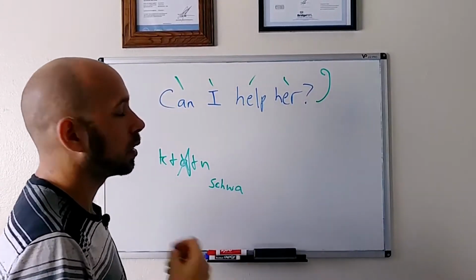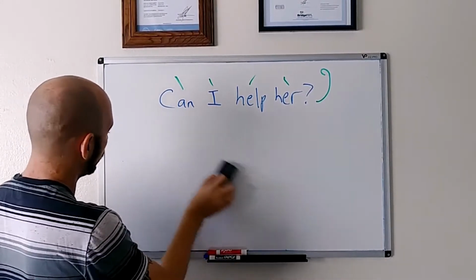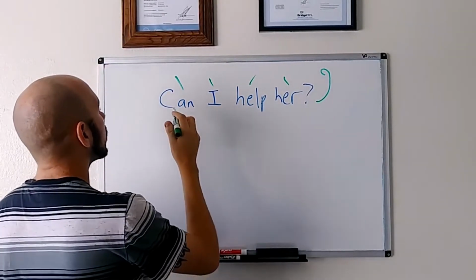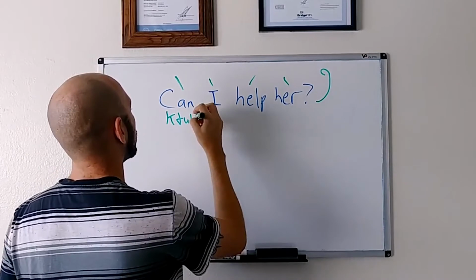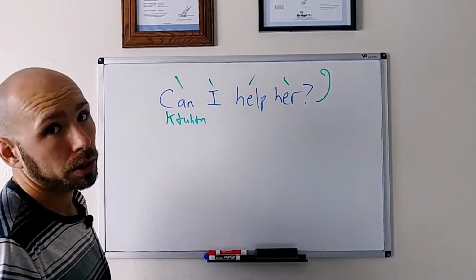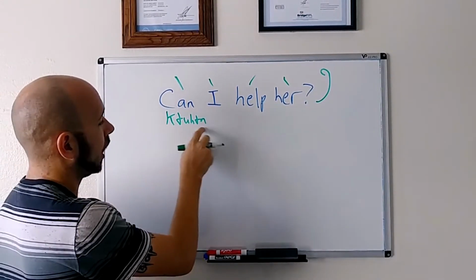We've talked a lot about the schwa, and we will talk a lot more about the schwa because it is probably the single most common vowel sound in English. But we can say kun, and so that would be a schwa. Can. It's almost like there's no vowel sound there at all. It's just like K and N.